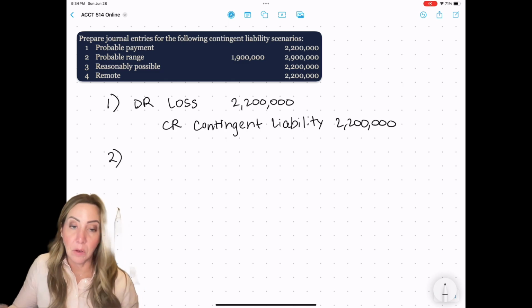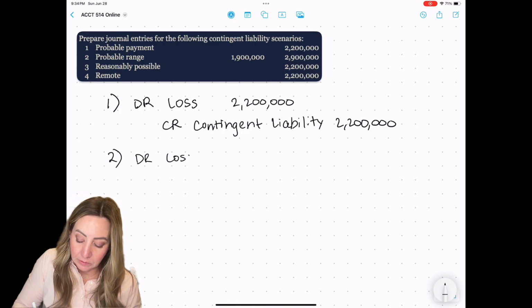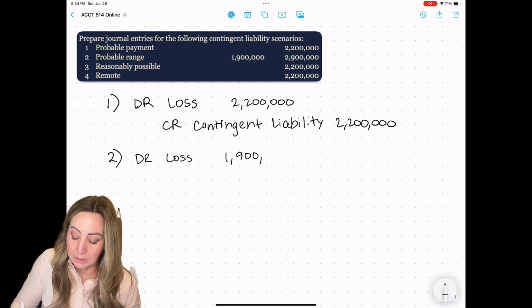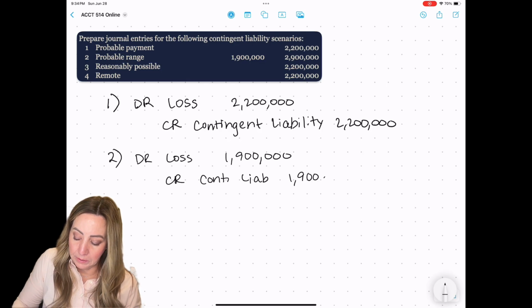The second one is also probable, but they've given us a range. And we didn't really discuss this, but if we have a range, conservatism says we can go ahead and record the lower end of the range. So we'll debit the loss also here for the $1.9 million and credit contingent liability for $1.9 million.